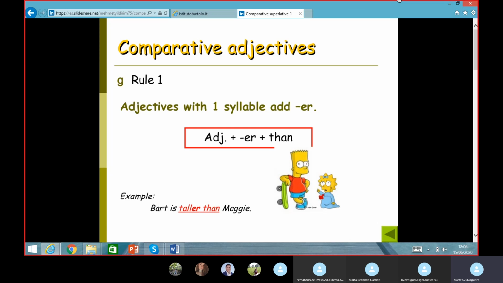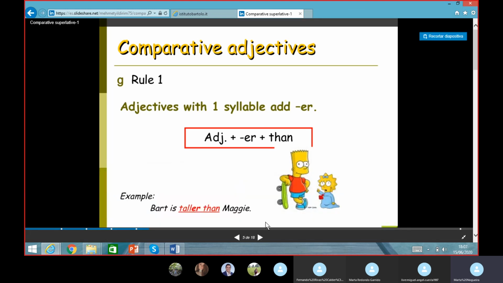If I need to put something after than, I would put the object pronoun. So this is the first rule. This is easy. We add ER to the adjective, taller than. We always put than.